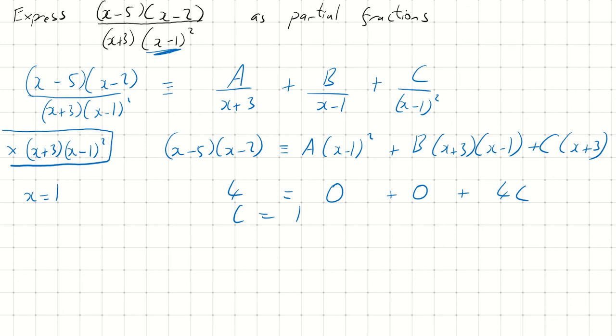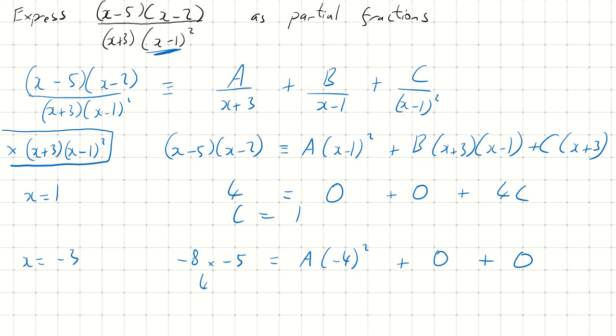Let's do the same with x = −3, because then the (x + 3) brackets will turn into 0. The left-hand side: −3 − 5 is −8, and −3 − 2 is −5, and that's equal to A times (−3 − 1), which is (−4)², and then these other terms, −3 + 3, turn into 0.